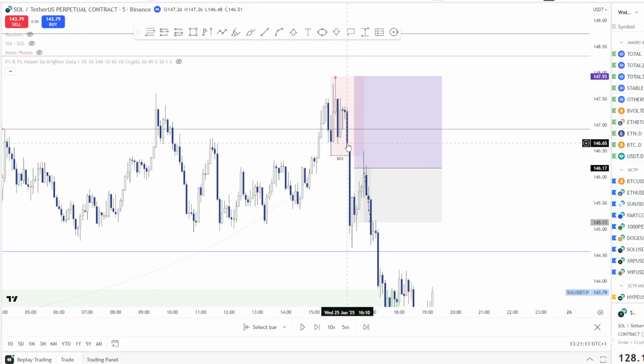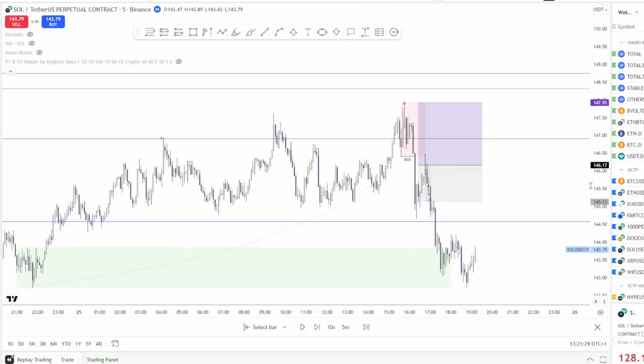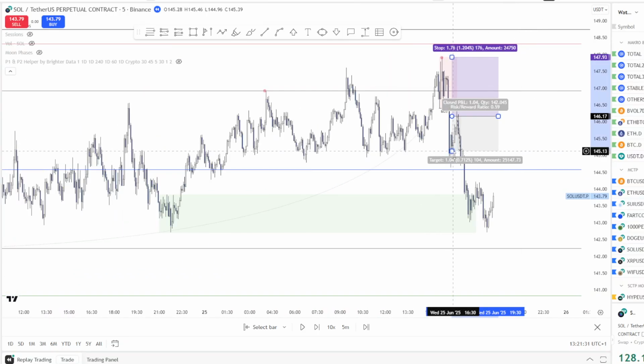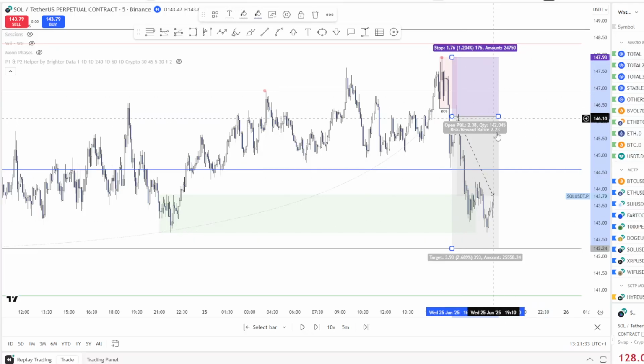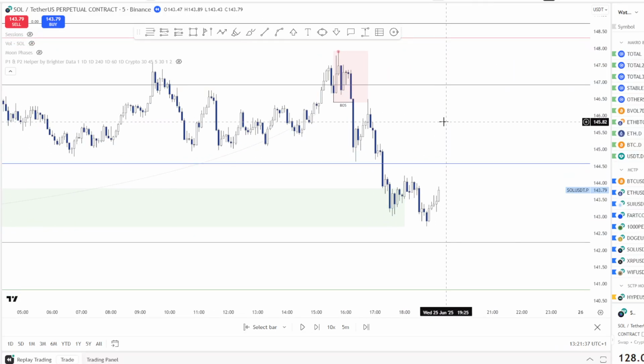You normally don't enter if the candle does not close, because what we could do is liquidate, take the liquidity and shoot back up, and then make a massive SFP, for example. So you don't want to enter on an aggressive candle if this is not closed, but this would be like a 2R trade.